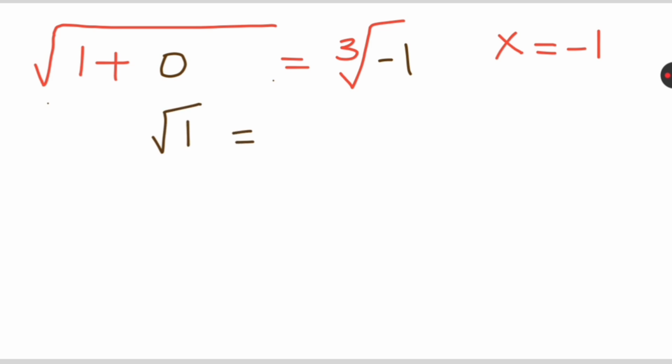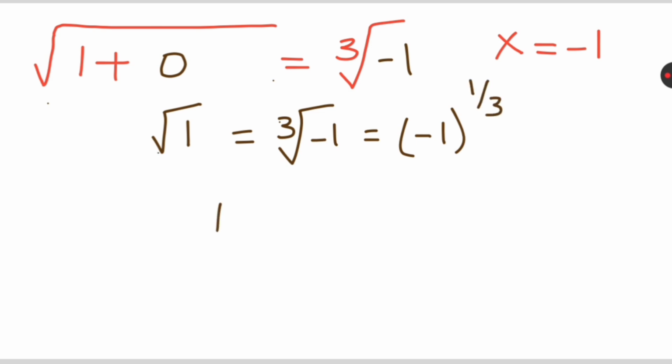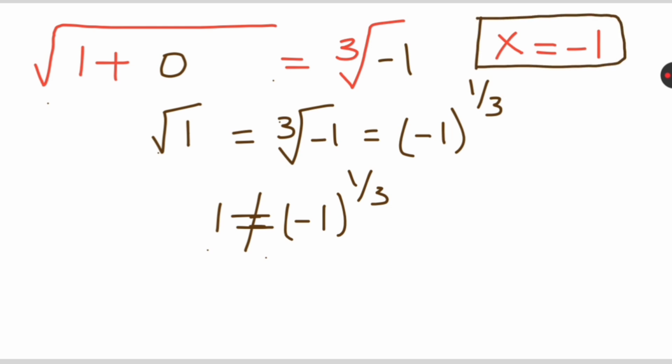On the right hand side we have cube root of minus 1, which we can write as minus 1 whole raised to the power of 1 over 3. The square root of 1 is nothing but 1, and that is equal to minus 1 whole raised to the power of 1 over 3. But this is not equal. x equal to minus 1 is not satisfying the given equation. That's why we are rejecting this solution.